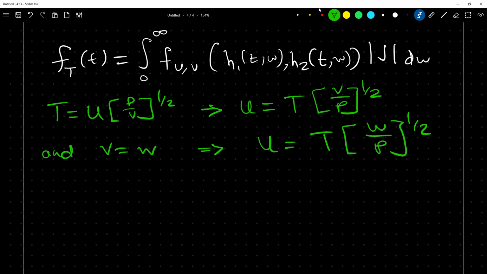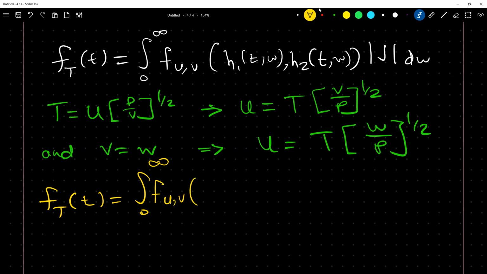Okay. And so now I can write down this guy again. So my probability density function will be equal to the integral from 0 to infinity of f of u v, and that's going to look like this.